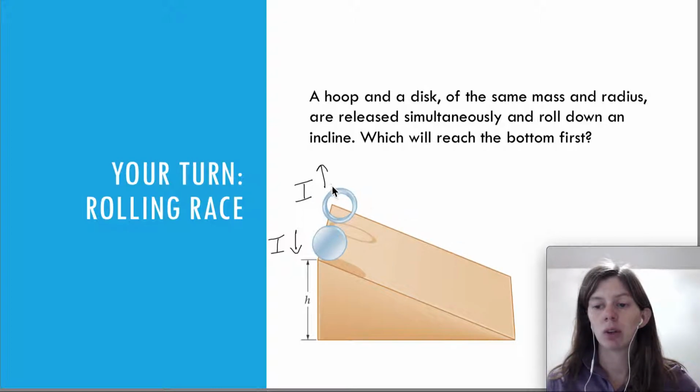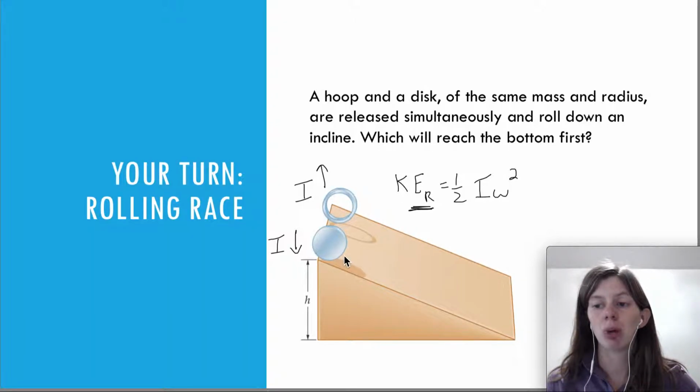But since the hoop has the greater moment of inertia, it's going to have a greater rotational kinetic energy, 1/2 I omega squared. So most of the gravitational potential energy will be converted to rotational for the hoop versus the disk.